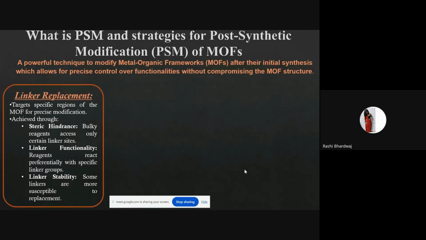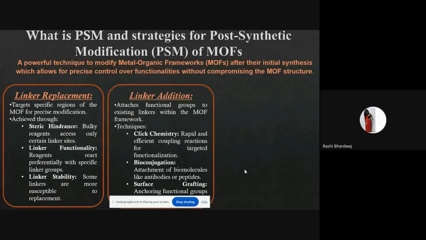One is linker replacement. What happens in linker replacement is that, by taking into account steric hindrance, linker functionality, or linker stability, you can replace linkers. So specific regions of the MOF can be targeted for precise modification. Next is your linker addition.